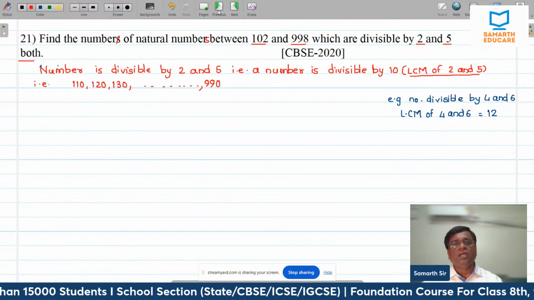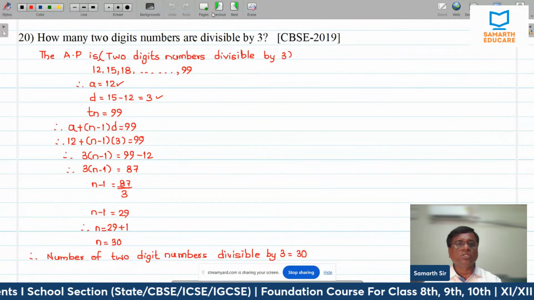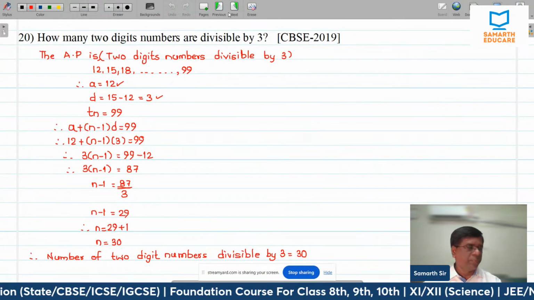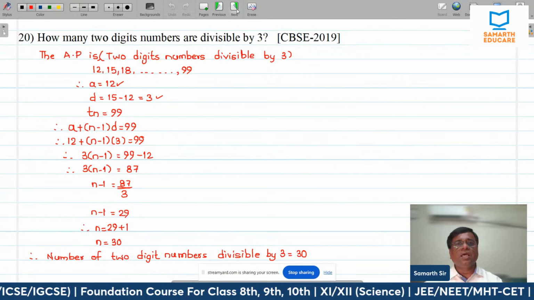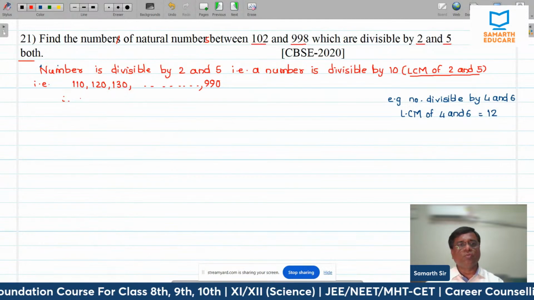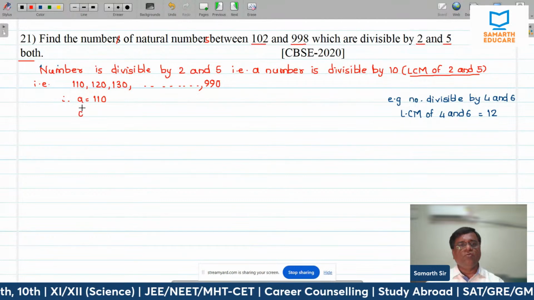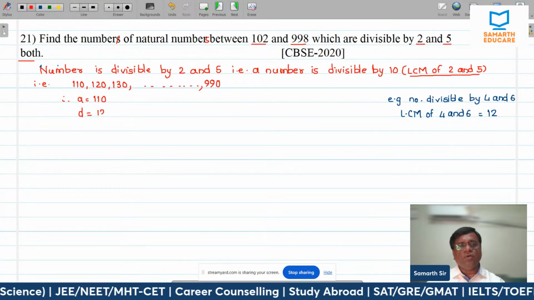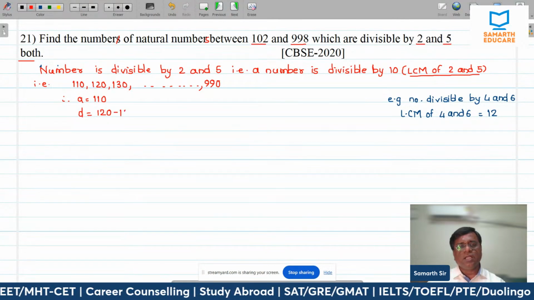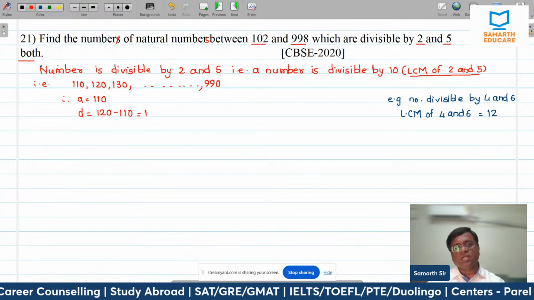Now if you look at it, the question is similar to this question. Okay, as we did here, the same way it will come here. So for me, here the value of A is 110, value of D is 120 minus 110, which is 10.